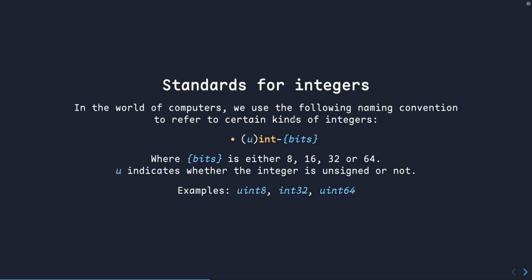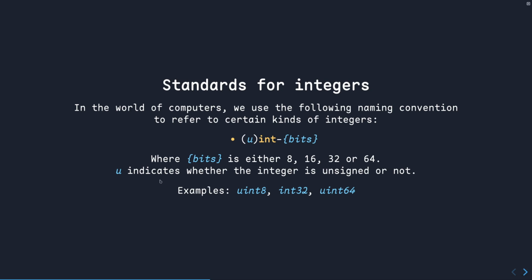We have int, which is part of the name basically all the time, sometimes prefixed with a u to indicate that it is unsigned, followed by the number of bits that the integer holds, which is either 8, 16, 32, or 64. 128 is also sometimes a thing, but it isn't a thing on consumer platforms, basically.